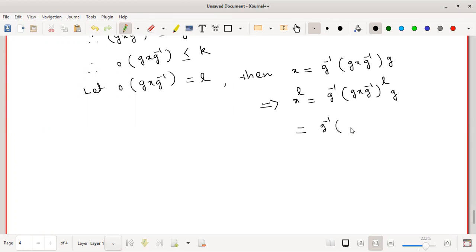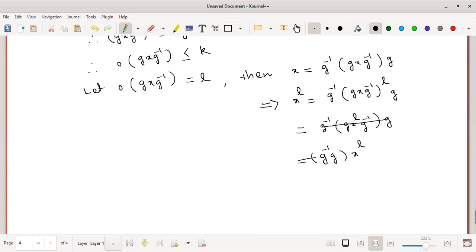And what is gxg inverse whole to the power l? It is gx to the power l g inverse. That is not required, because we have assumed that order of this is l.